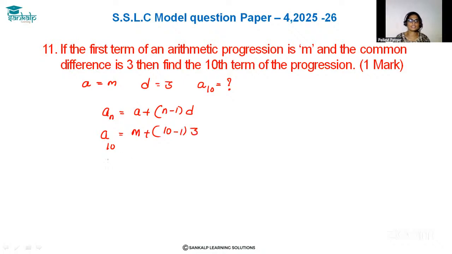So this is equal to m plus 9 into 3. So here a_10 is equal to m plus 27. So the 10th term of the arithmetic progression is m plus 27.